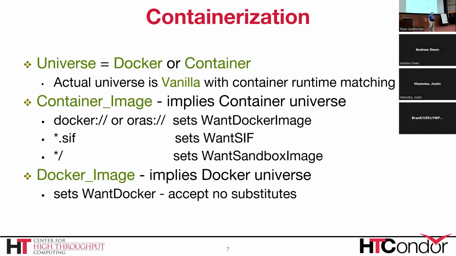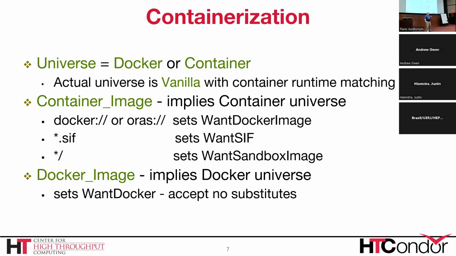Okay, and now we get on to the submit commands. There are some for containerization. Two key ones are container_image or docker_image. You need to use one or the other. If you use container_image, then we look at what you actually specify as the value.